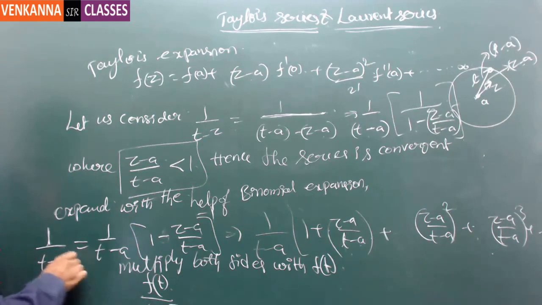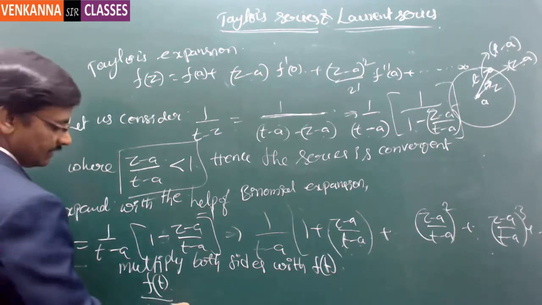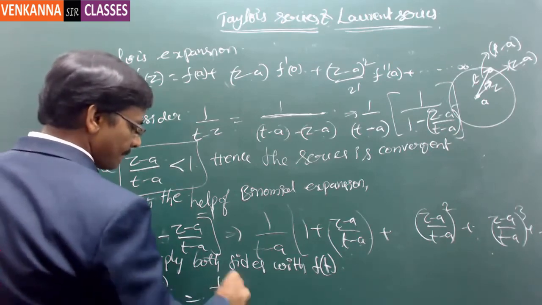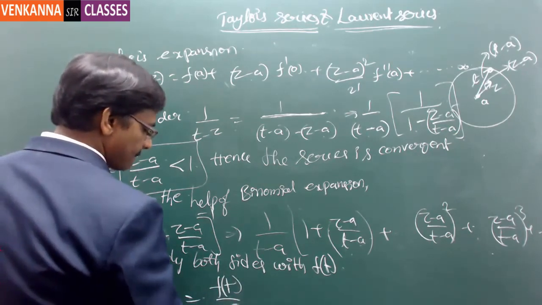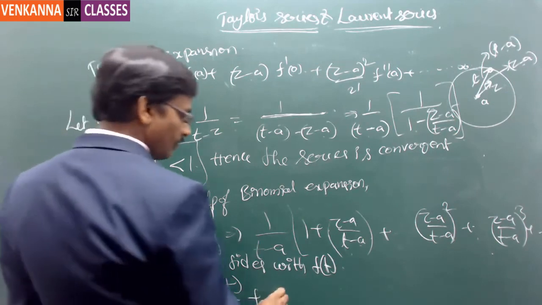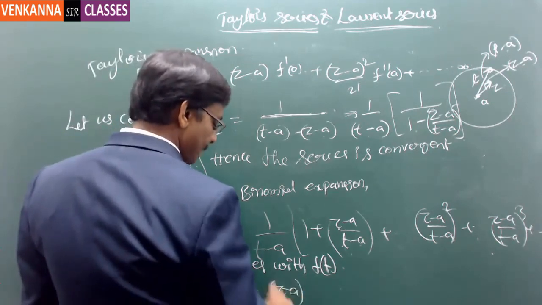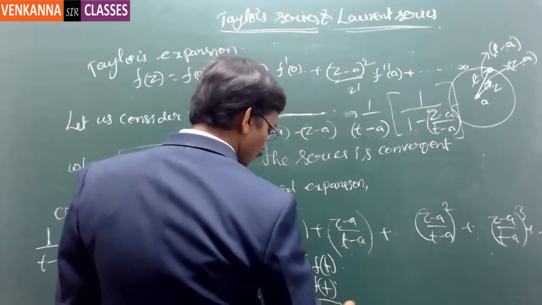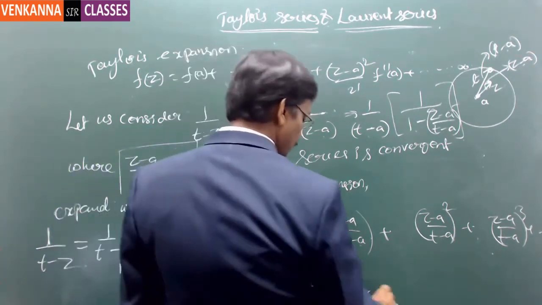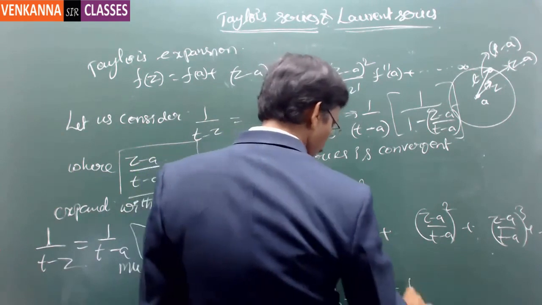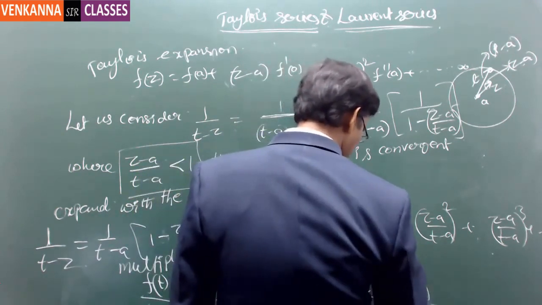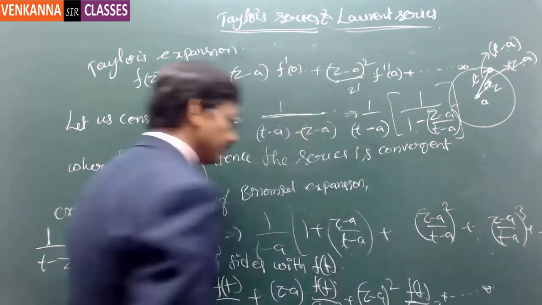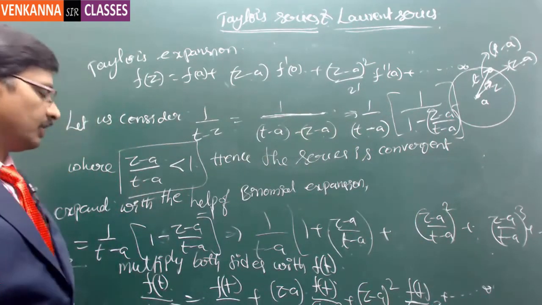This is f of t by t minus z, equal to f of t divided by t minus a, plus z minus a into f of t divided by t minus a whole square, plus z minus a whole square into f of t divided by t minus a whole cube, plus and so on up to infinity. So this is the function I actually arrived at.